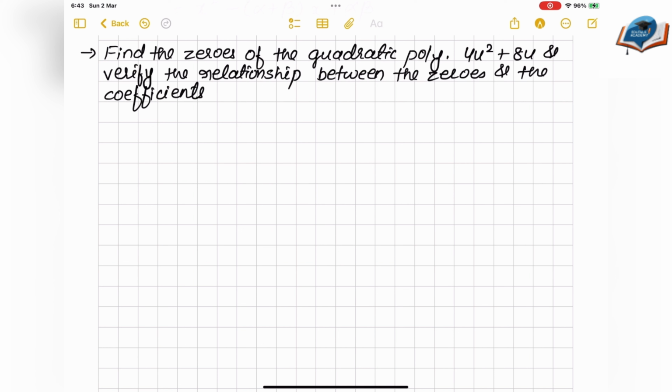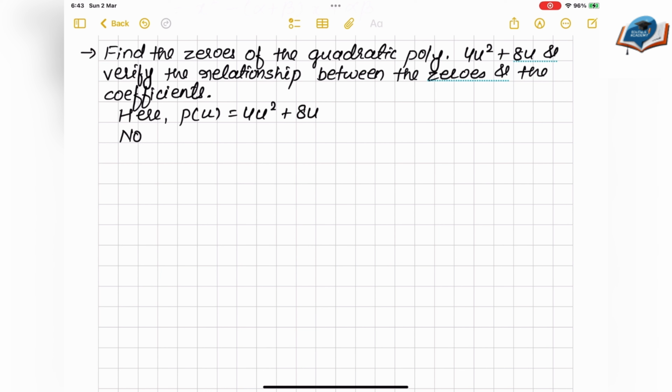So here p of x equal to 4u square plus 8u. Or I should take p of u, not p of x, because u is the variable given. So let me take p of u equal to 4u square plus 8u.